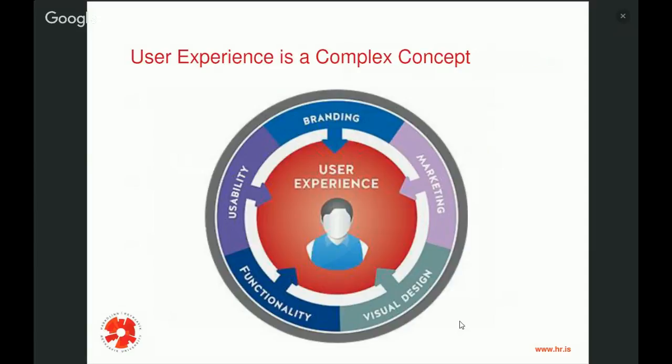This is one of them, that it's the functionality, the usability, the branding, the marketing, and the visual design that all add up to the experience. But you could get almost hundreds of these, where people are trying to understand the concepts that make the whole experience.